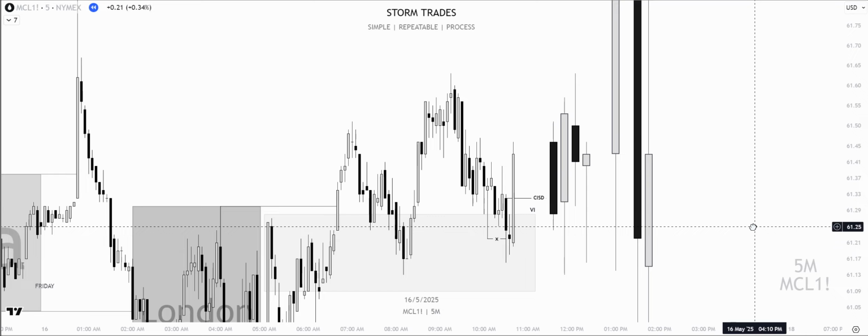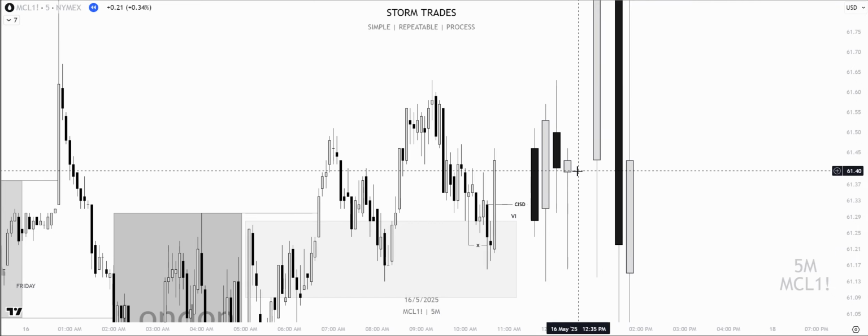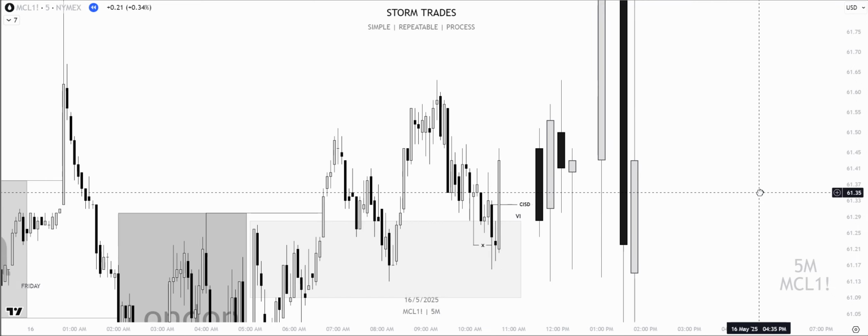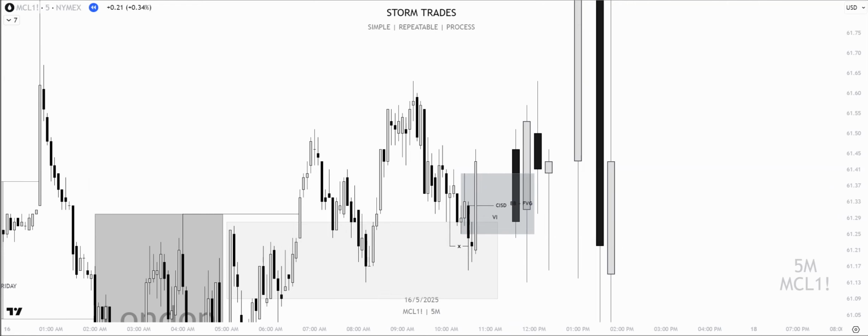And what do we get on the very next candle? That's what we're looking for right there. That is displacement, right? So displacement through the breaker. Okay, so that's what we have here.